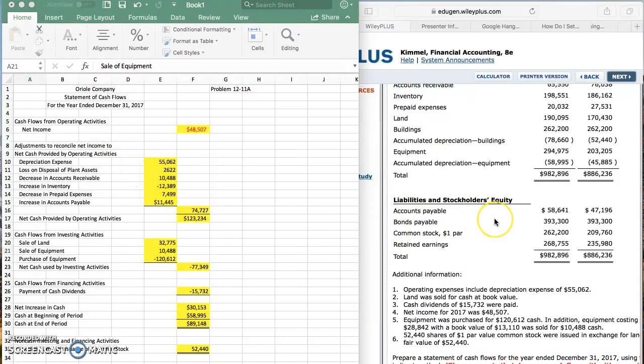And so let's begin. We have our statement of cash flows here, and it was for Oriole Company for the year ended December 31, 2017.